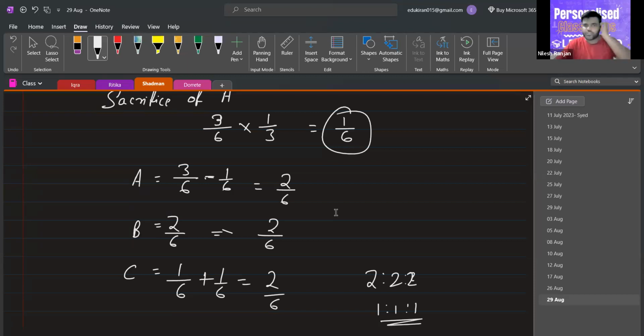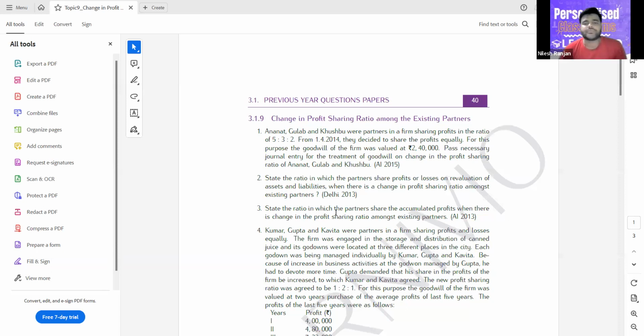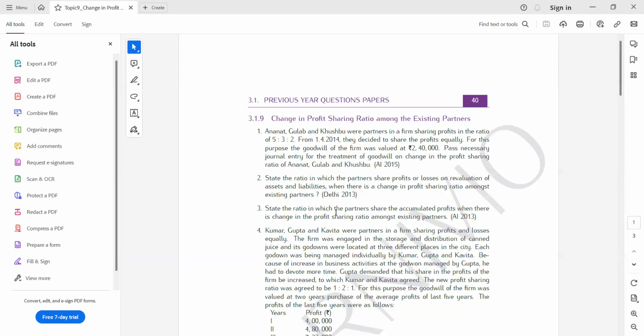You can see question number 1. Can you read it? Ananat, Gulab, and Khushbu were partners in a firm, sharing profits in the ratio of 5:3:2. From 1/4/2014, they decided to share the profits equally.